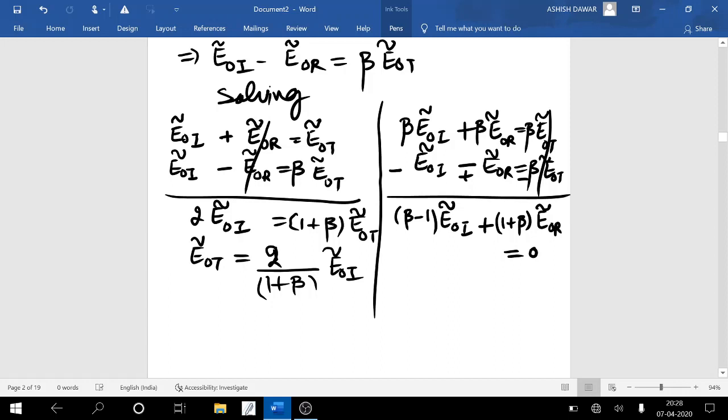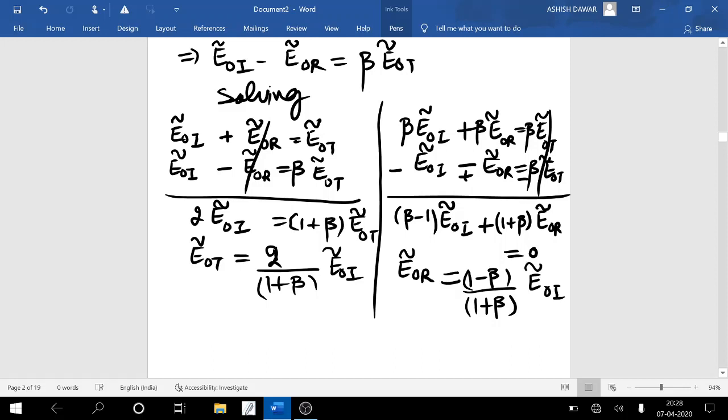So E0R is equal to 1 minus beta upon 1 plus beta into E0I.